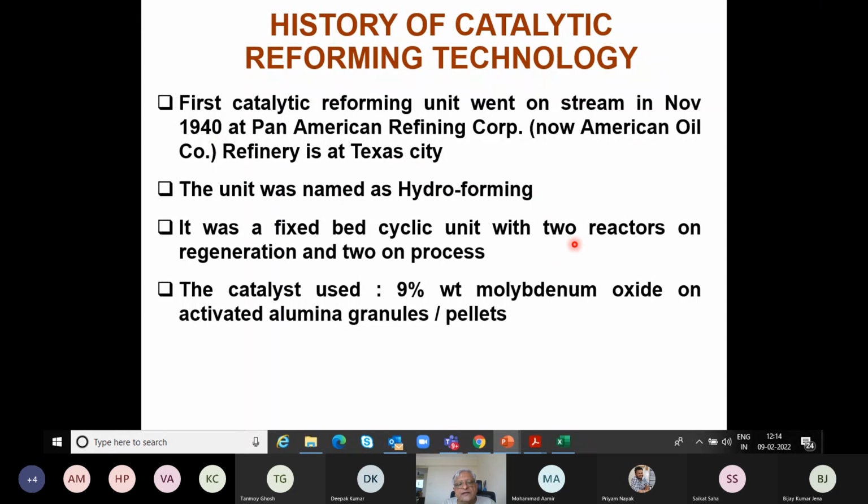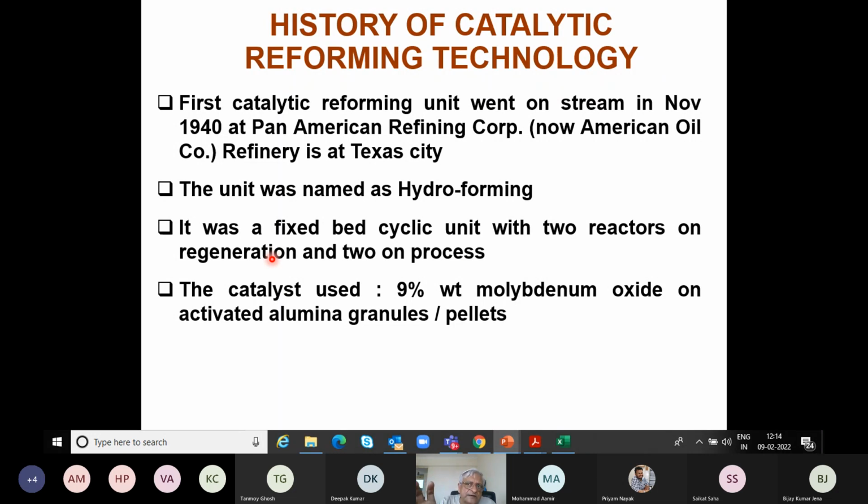It was actually four reactors. Two reactors were in operation, while two reactors were in regeneration. In other words, the carbon which gets deposited on the catalyst was burnt off. So the whole operation was cyclic. It was a fixed bed unit operated in a cyclic mode.